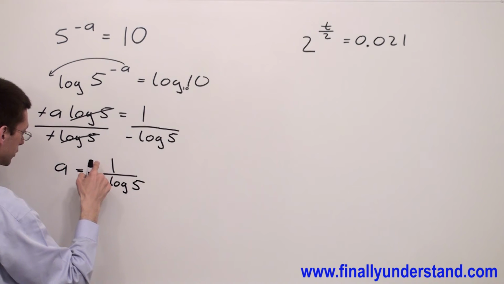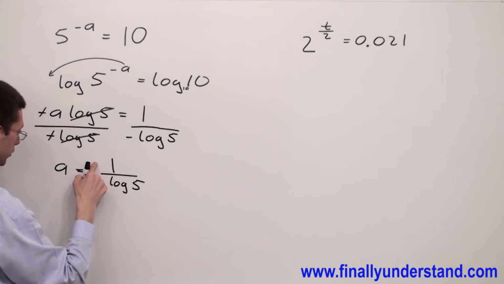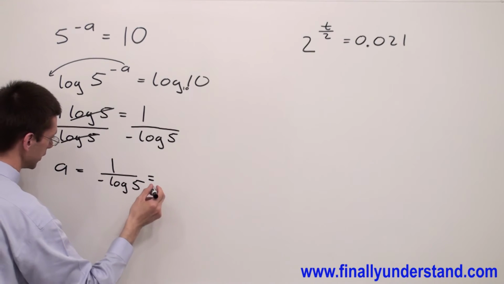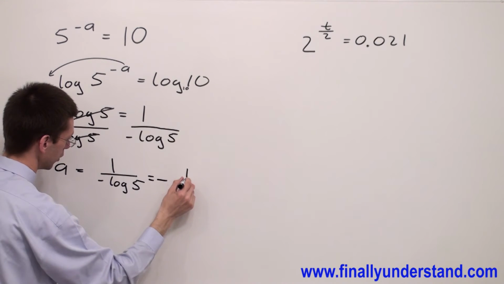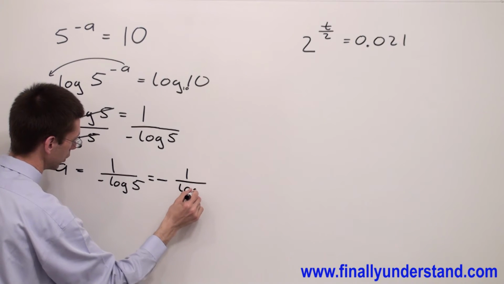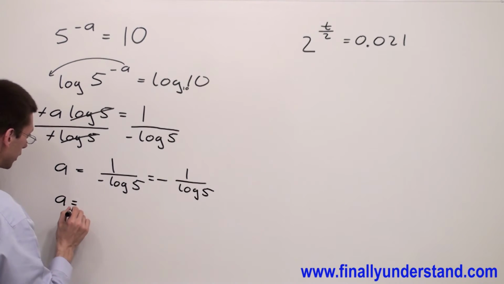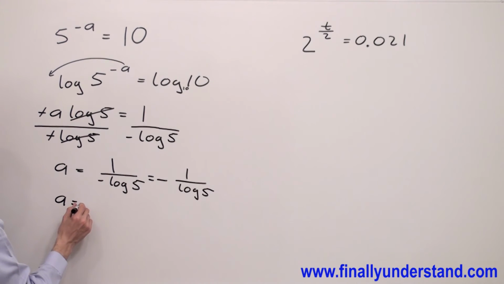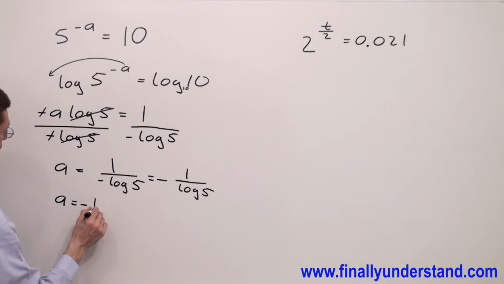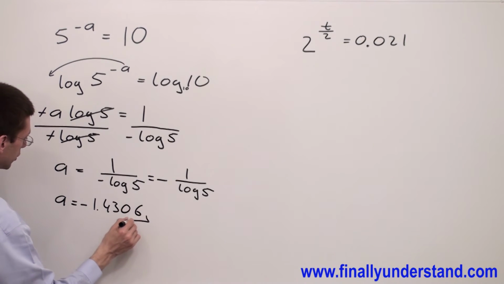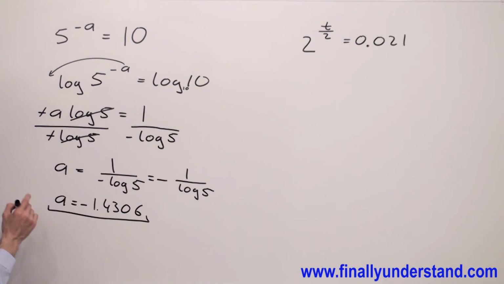Please keep in mind that this is a positive value divided by negative. Positive divided by negative is negative. I simply write negative 1 over log 5. a is equal to negative 1.4306. This is the solution to this problem.